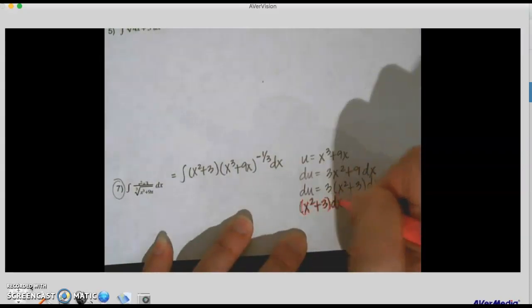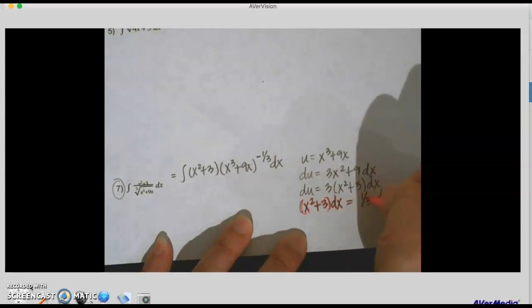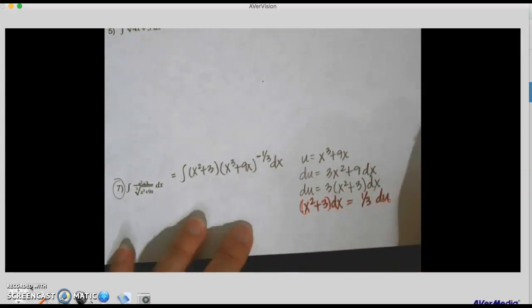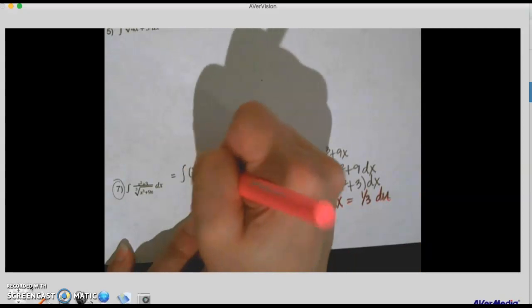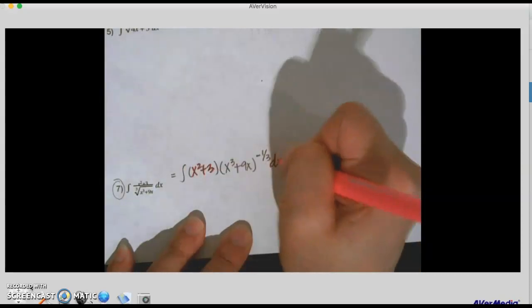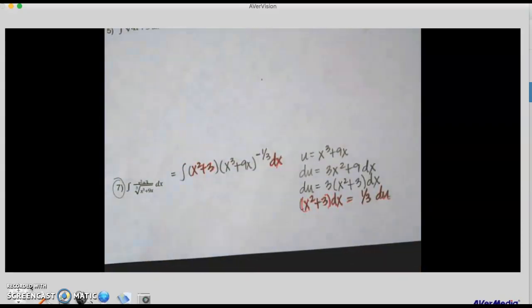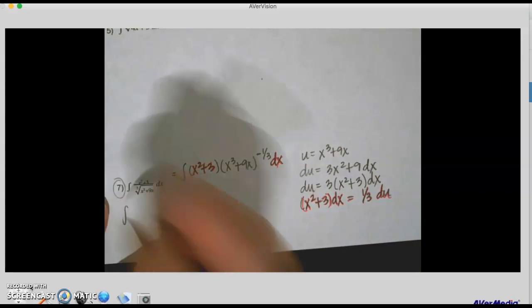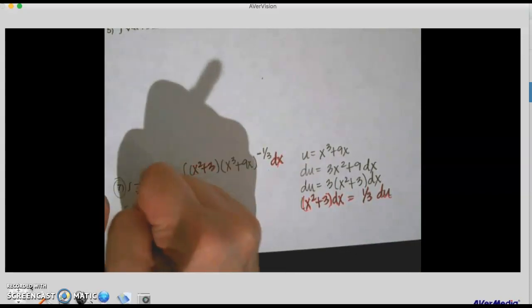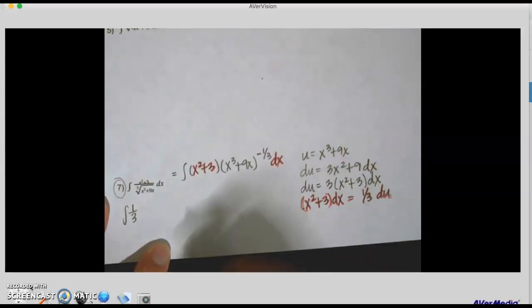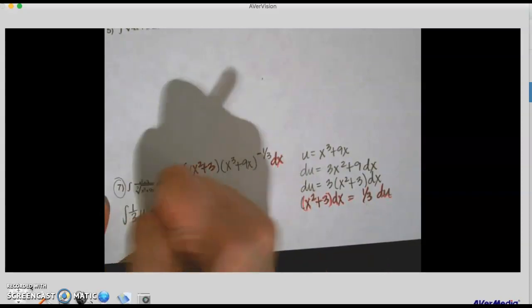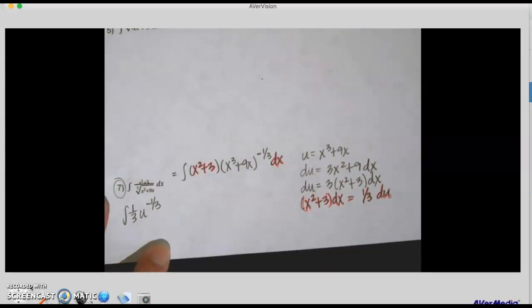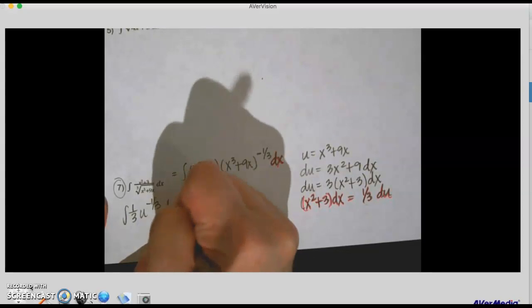Again, I'm just going to use the color here. I'm going to make that substitution for just that part. So we're going to rewrite it. So our rewritten part is going to be now the integral of 1/3, that's from here, we have our u to the negative 1/3, and then we have our du.